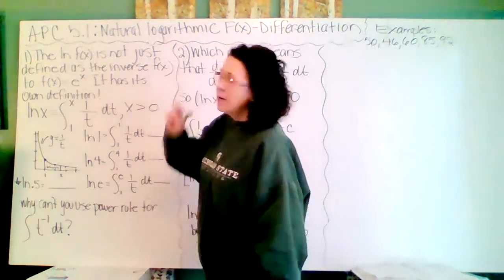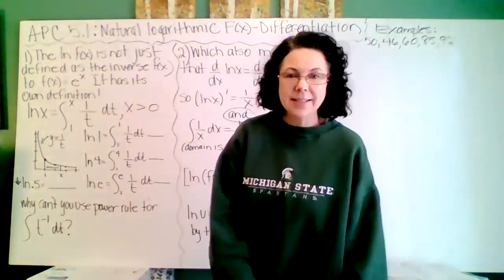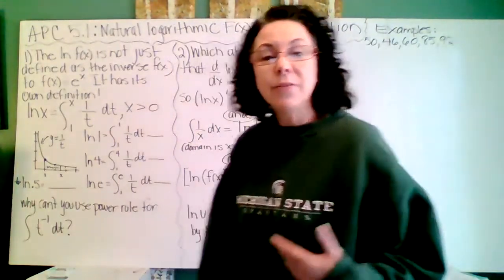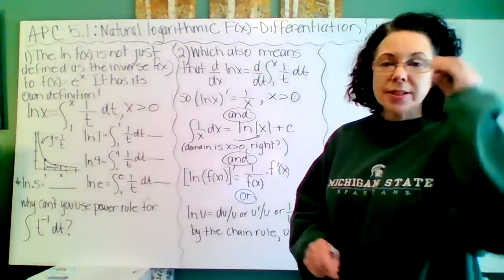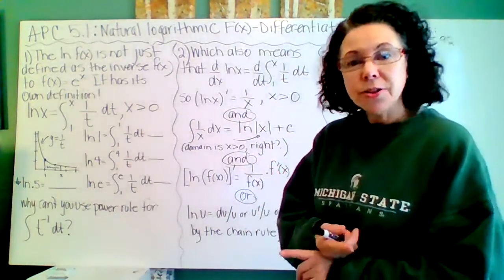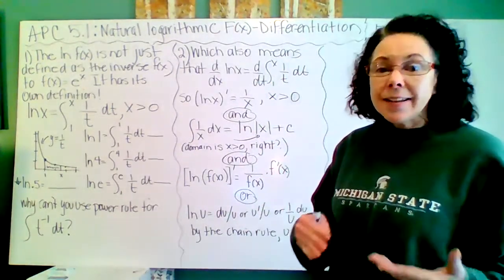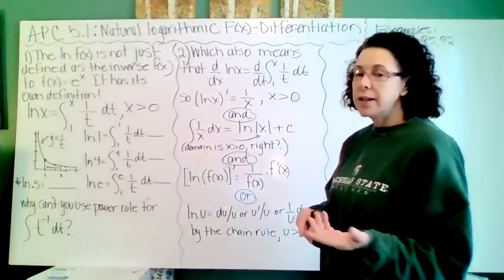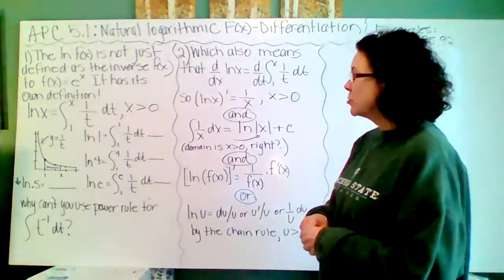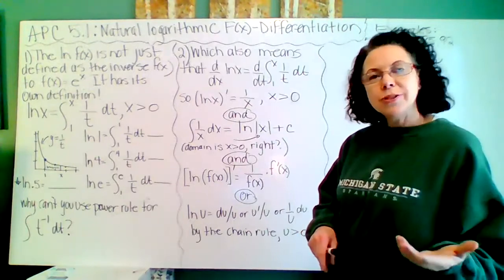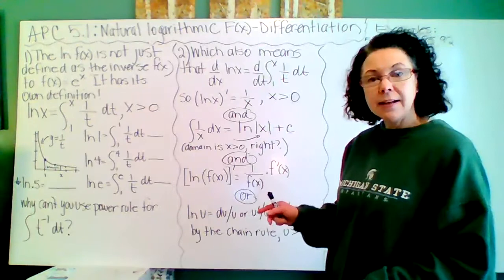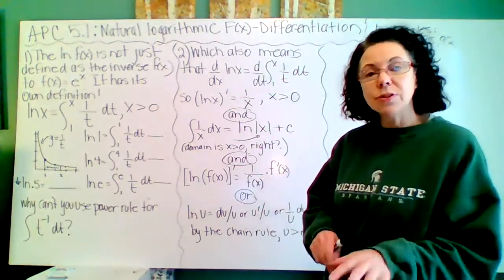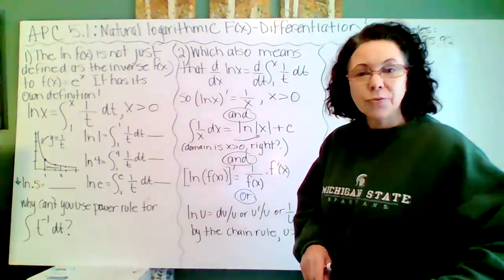The natural log function is not just defined as the inverse of the e to the x function. We always use the natural log function to undo an e to the x problem, or actually any exponential problem that we are trying to solve. But it turns out the natural log function is not just based on e to the x. It has its own definition. It is its own function.